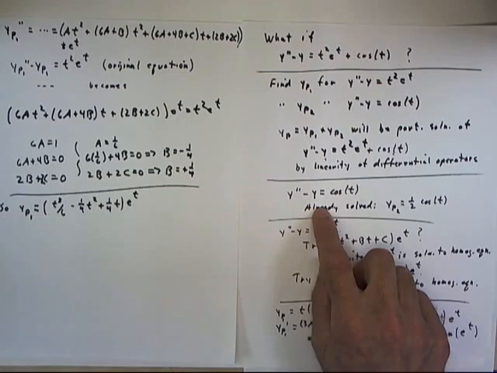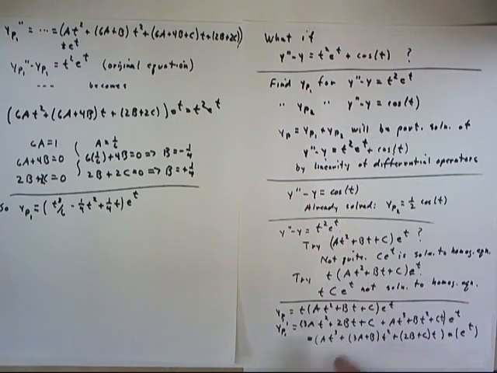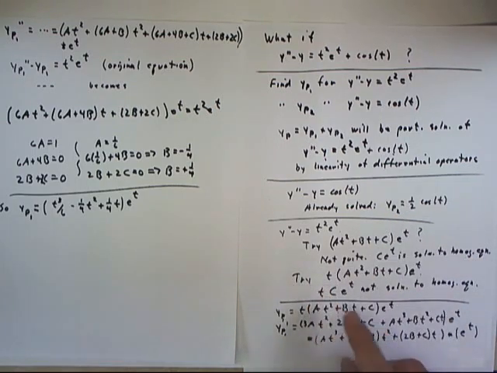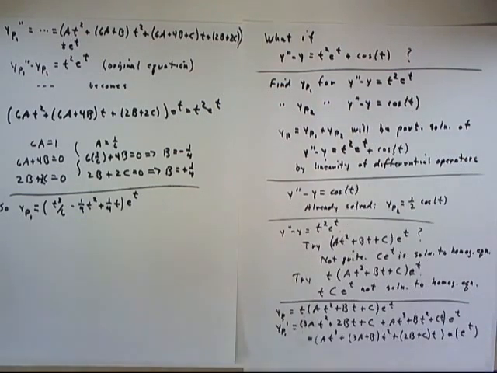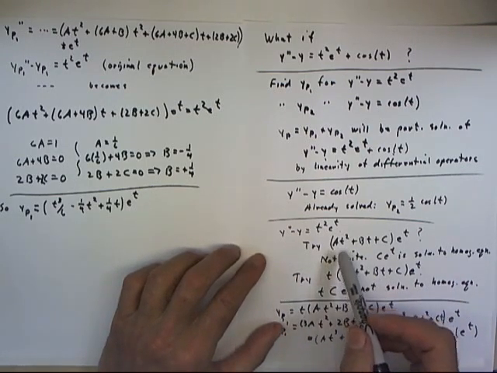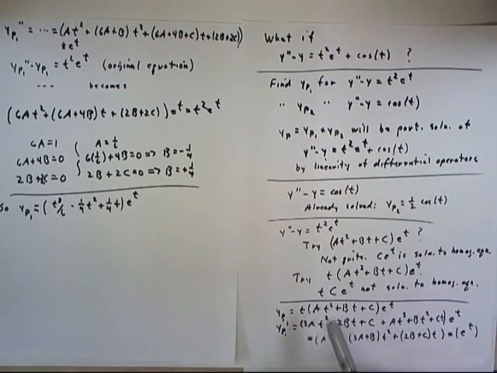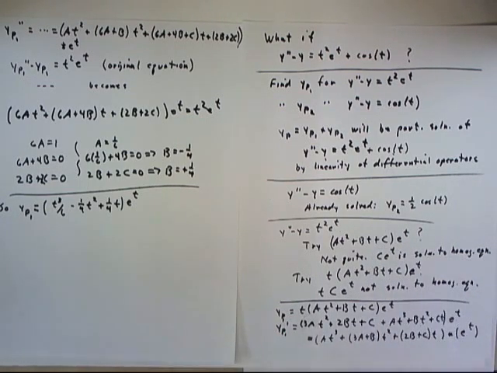Recall that we previously solved the second equation, giving us yp2 is 1/2 cosine of t. And now we're trying to solve the first equation, and we've seen that we can't use a solution a t squared plus bt plus c e to the t to match up with the t squared e to the t, because c e to the t is a solution of the homogeneous equation.